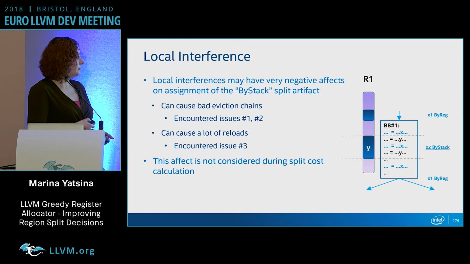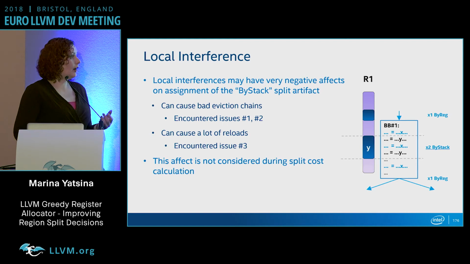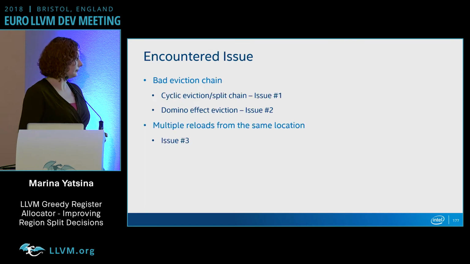So we're going to see 3 cases. The first 2 cases are something I call bad eviction chains. And the third case is a case of a lot of reloads. All of this was caused because we did not consider that this interval might cause us a lot of trouble.